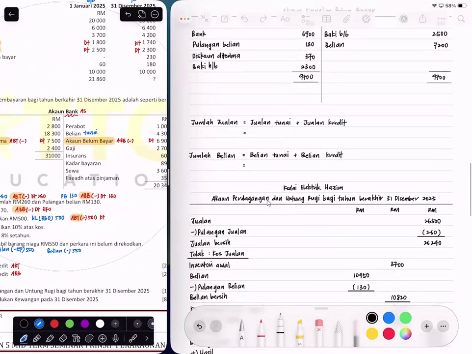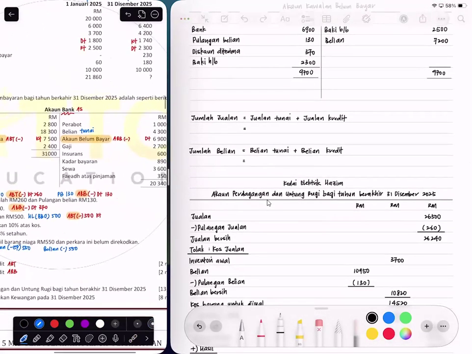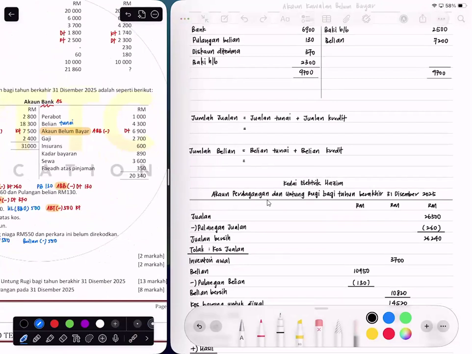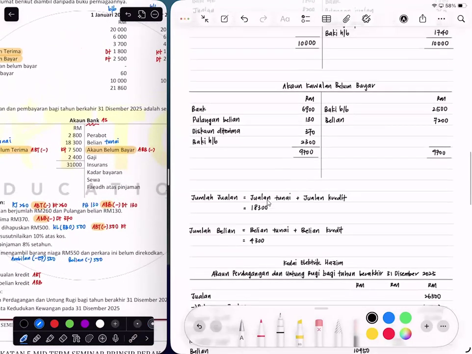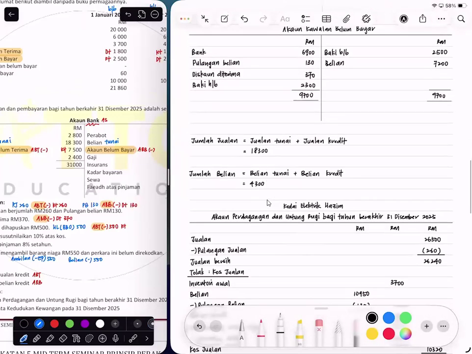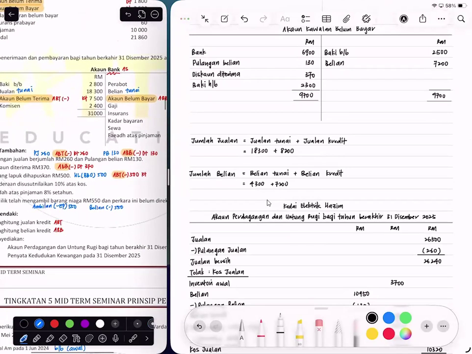Then let us record into the formula lah. Jualan tunai 18,300. Berlian tunai 4,300. Then combine with your jualan and berlian credit that we got earlier. Jualan credit 8,200. Berlian credit 7,200. And also one more. Just now we mentioned we need to minus the another 550 for berlian, right?